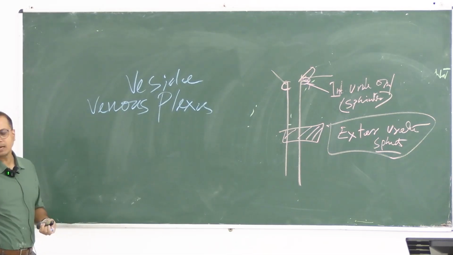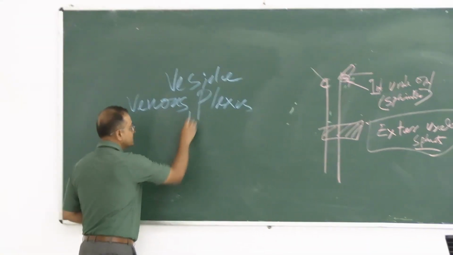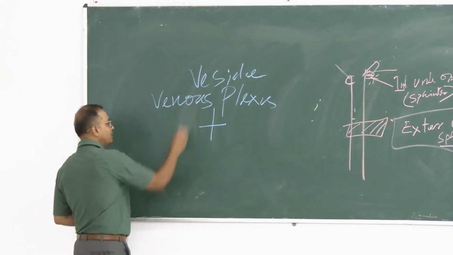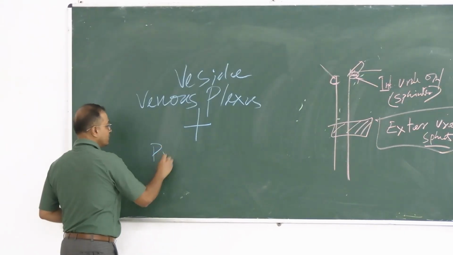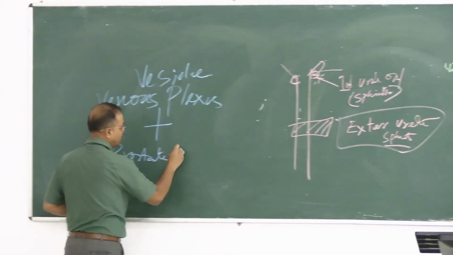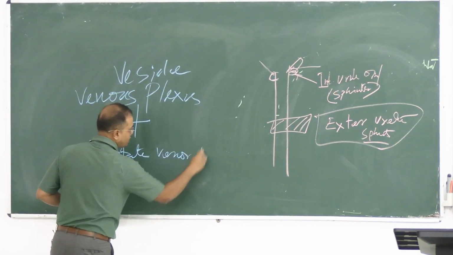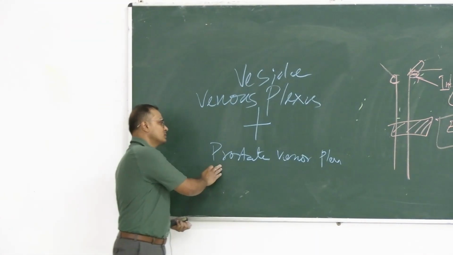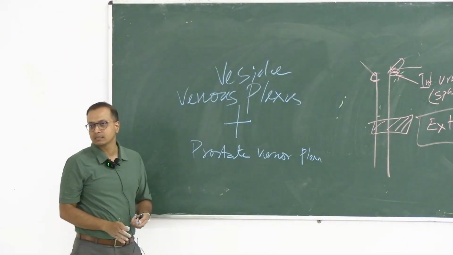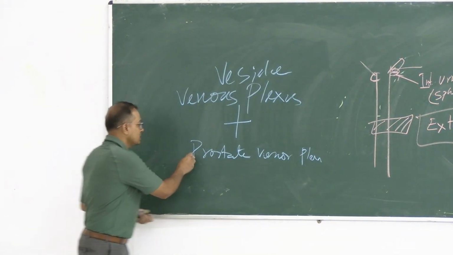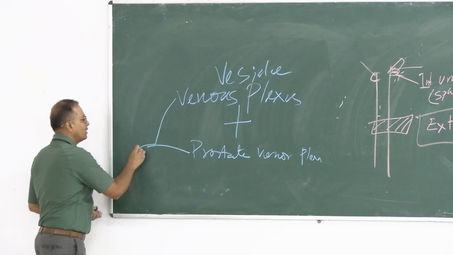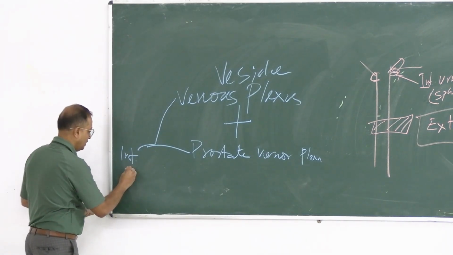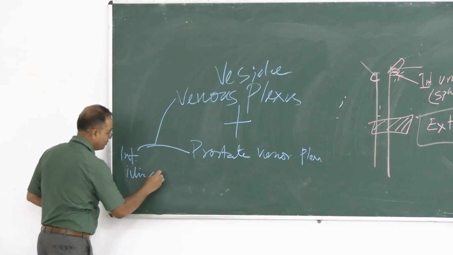If it is a male subject, this vesical venous plexus joins with the prostatic venous plexus. In female subjects, there is no prostate gland, so only the vesical plexus is there. This plexus drains the blood to the internal iliac vein.